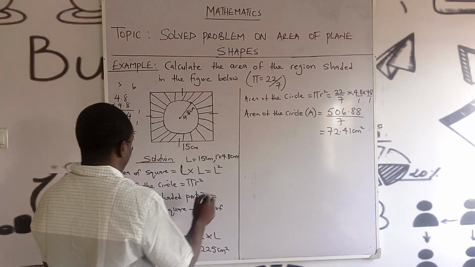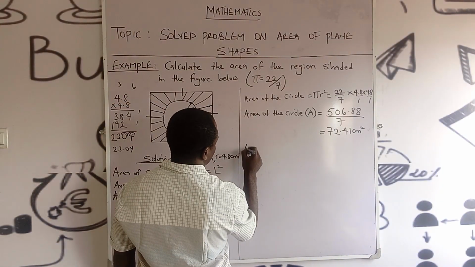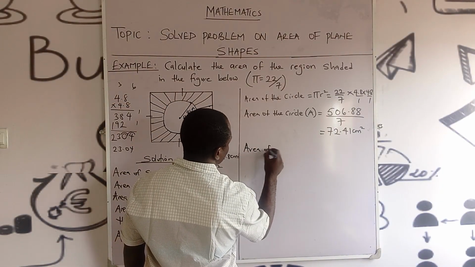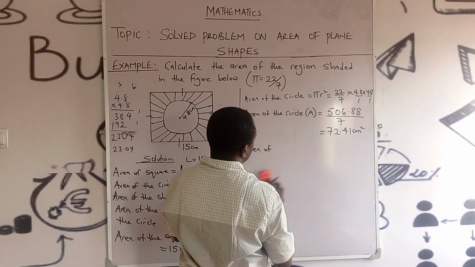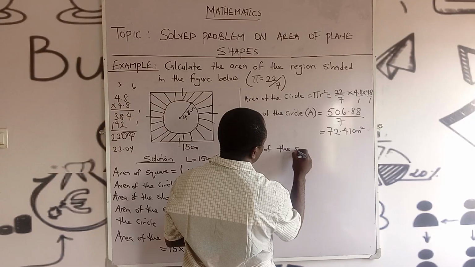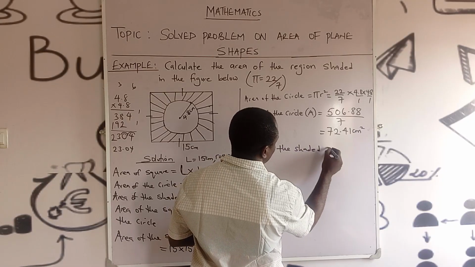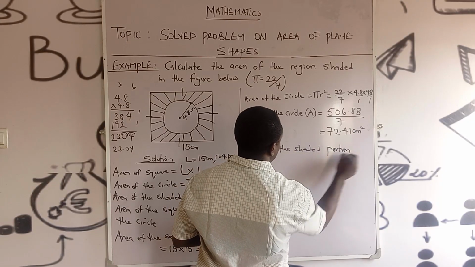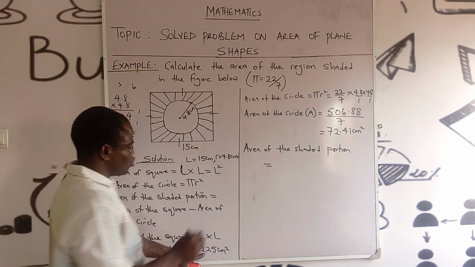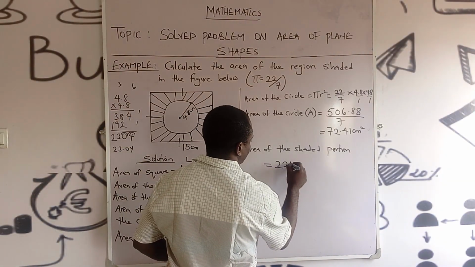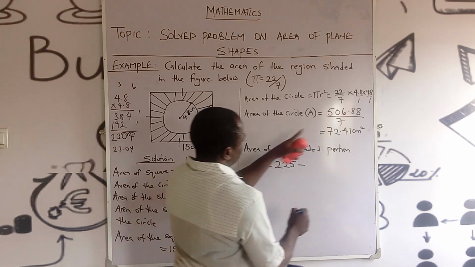Now, area of the shaded portion equals area of the square, which is 225, minus area of the circle.